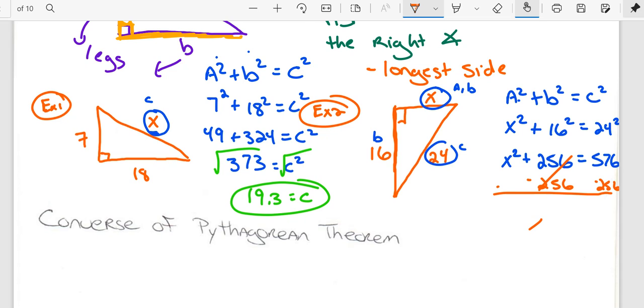So I end up with x squared equals 320. Take the square root of both sides. The square root of 320 is going to be 17.88, so I'm going to round that to 17.9.